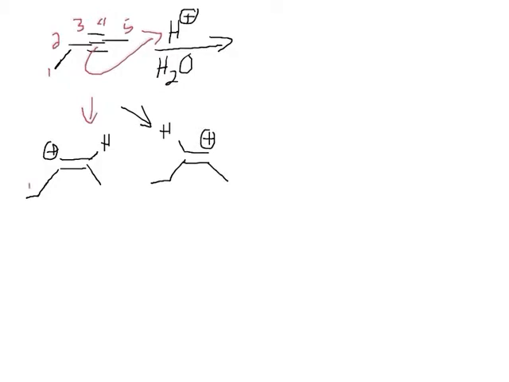Number the carbons: 1, 2, 3, 4, 5. Is there any preference towards having a plus charge on 3 or 4? No. So both intermediates are equally likely.